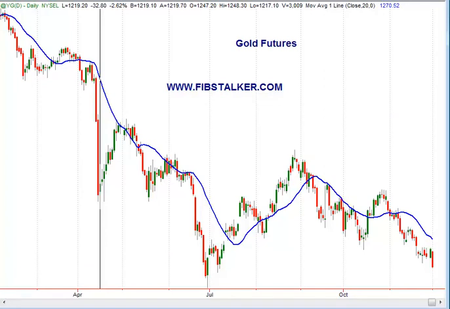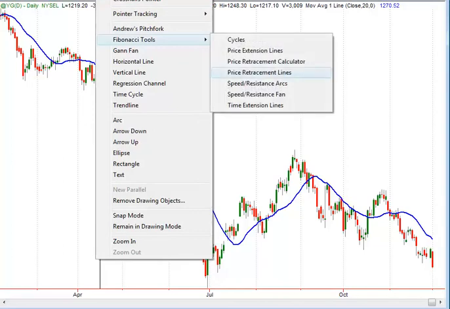As I told you last week, the gold future are around this move lower.